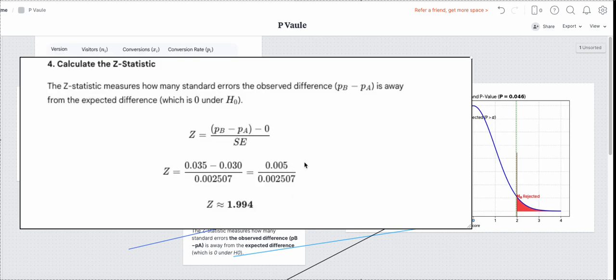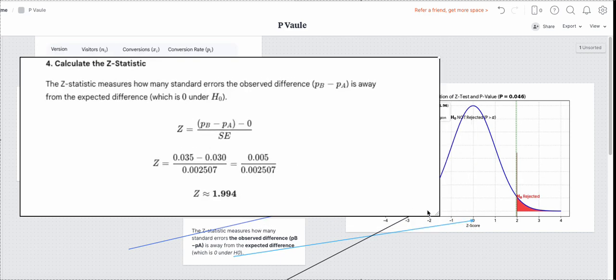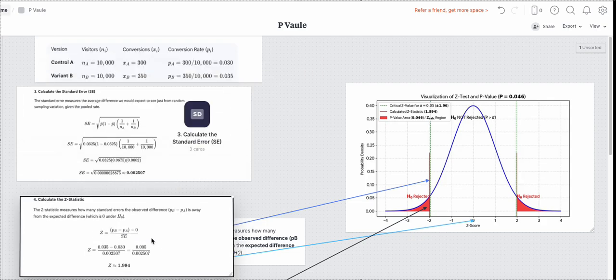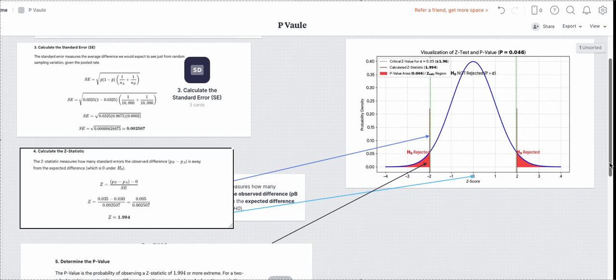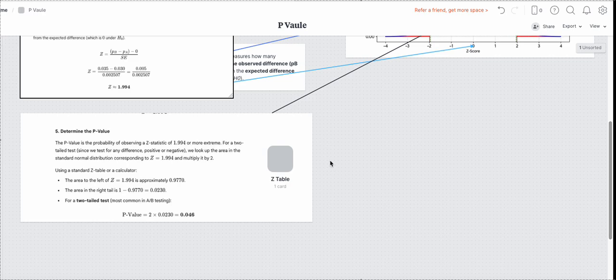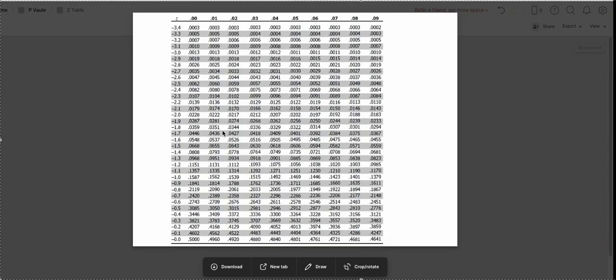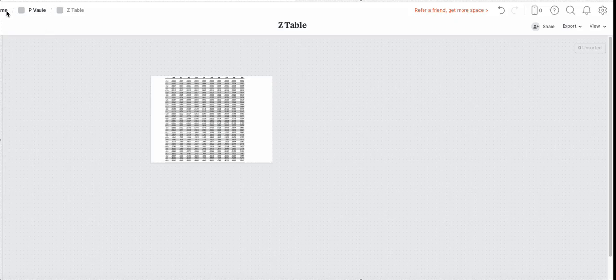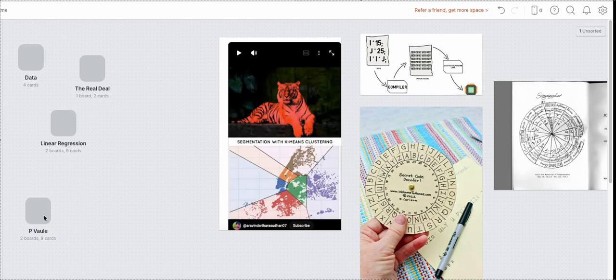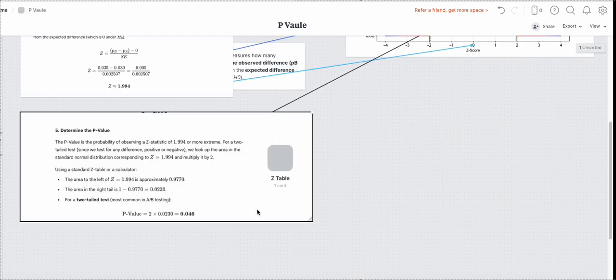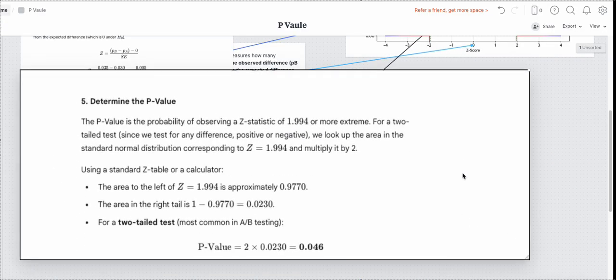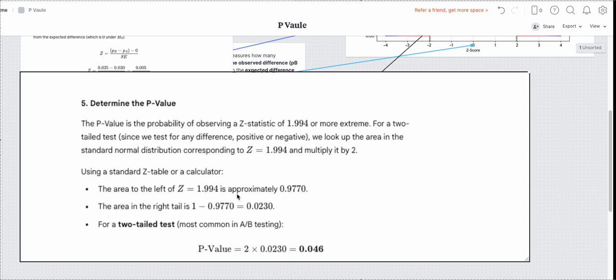If we did know it, we would look it up on a Z chart or Z table, which looks like this. Or you can just do a calculation. Let me go back. A calculation like this one, where the area under the left side is Z, approximately this number.